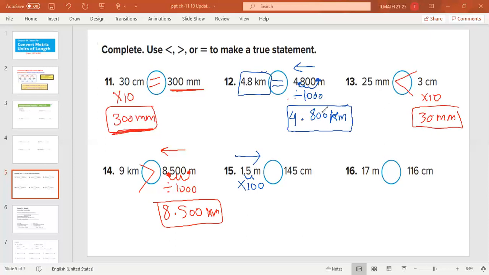Here's my new decimal point. Now here I have an empty place. I can fill it with 0. So the answer should be 150 centimeter. And here I have 145 centimeters. That means 1.5 meter is greater.